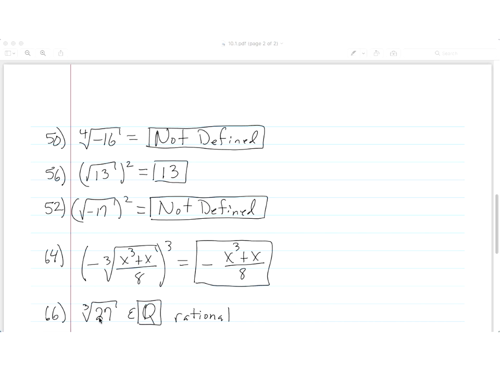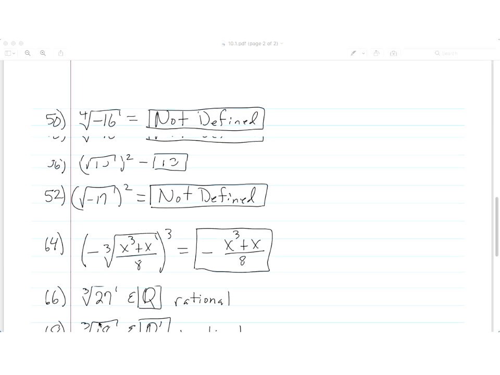The positive perfect cubes are 1 cubed is 1, 2 cubed is 8, 27, 64, etc. If I tried a cube root of something that wasn't one of those, then it would be irrational. But the cube root of 27 is rational because 27 is a perfect cube.